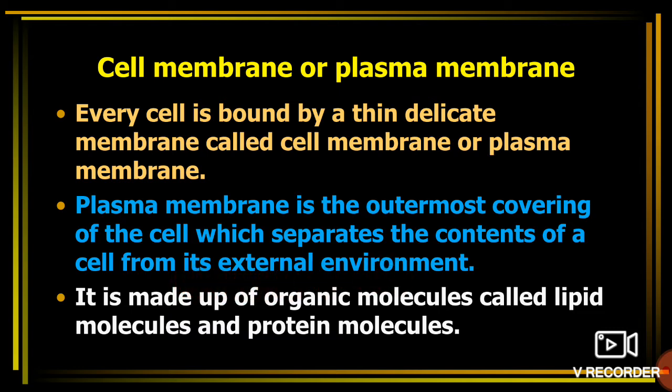So you can say that if there is no plasma membrane, there will be no exact boundary between the material of the cell and other things, like one cell and another cell. It will be mixed and there will be no existence of particular cell organelles or whatever is there inside the cell.